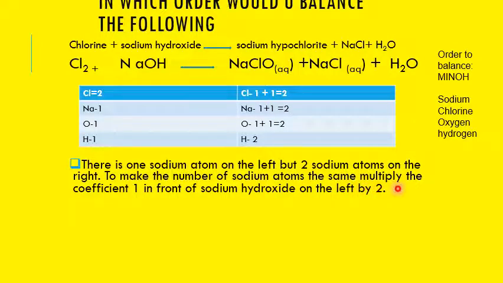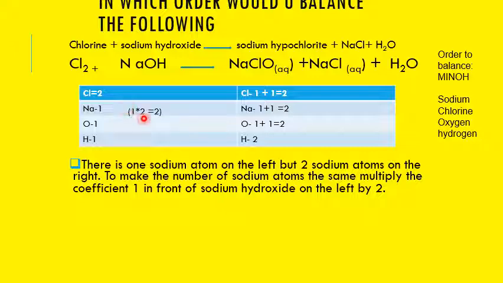So we have to multiply the coefficient 1 in front of sodium by 2, because we have 2 on the right-hand side. Our goal is, what am I going to multiply this 1 by in order to get it to be 2? The only thing that we can multiply this 1 by to get 2 is 2.